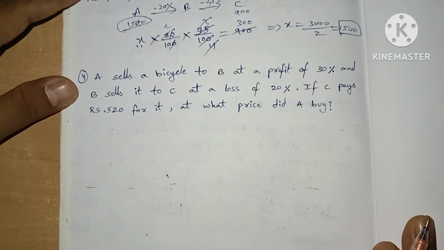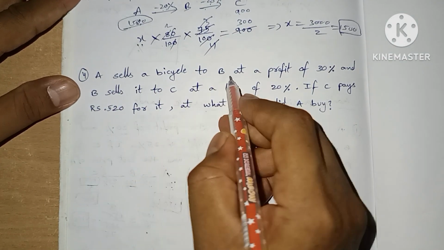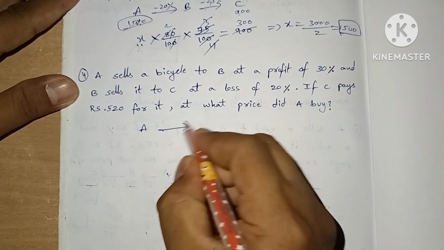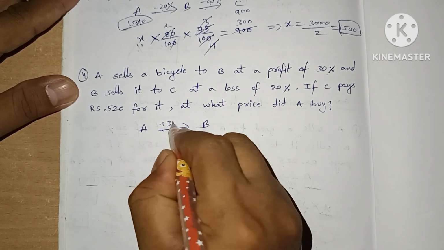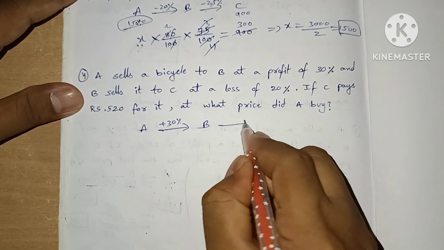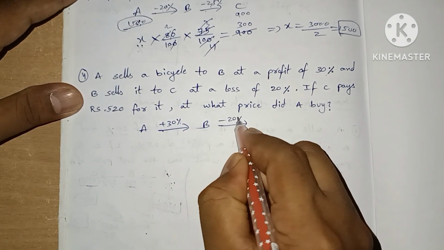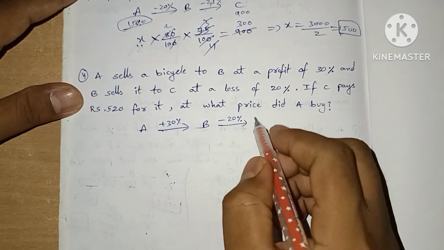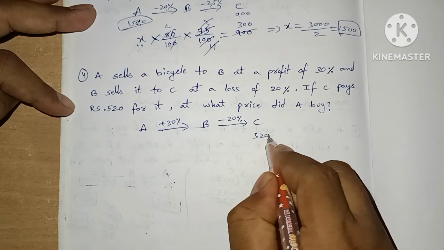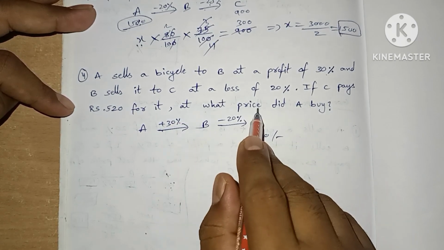Let's see one more question. A sells a bicycle to B at a profit of 30%, and B sells it to C at a loss of 20%. Here is the combination of both profit and loss. If C pays 520 rupees, at what price did A buy?